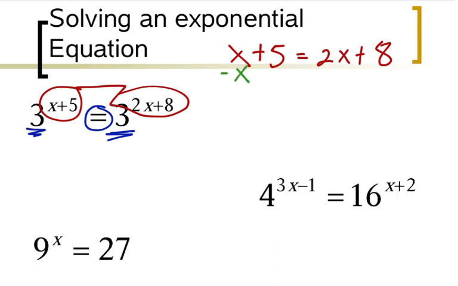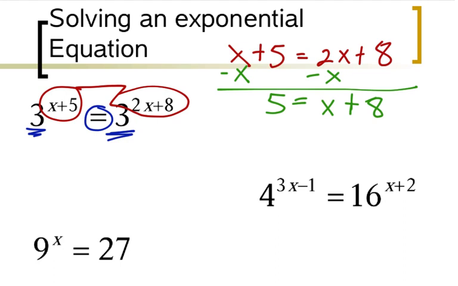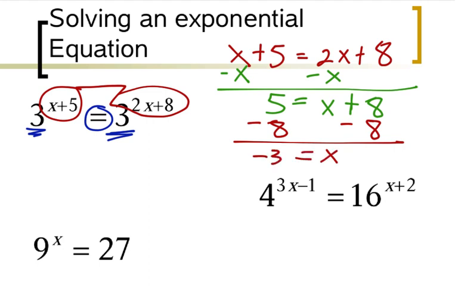I can subtract the x to the other side, and that will end up with x plus 8 equals 5. And then I subtract my 8 to finish isolating the x, and I'll get x equals negative 3.